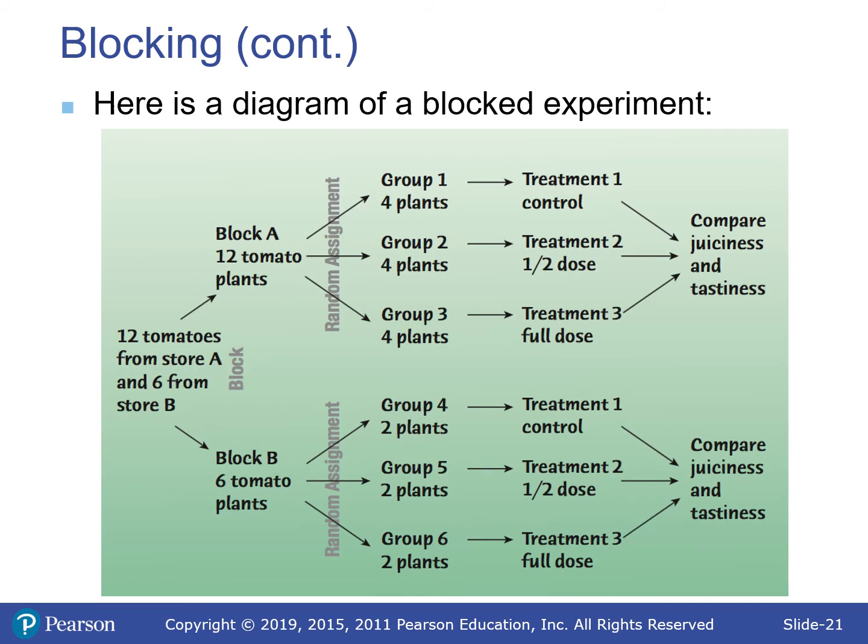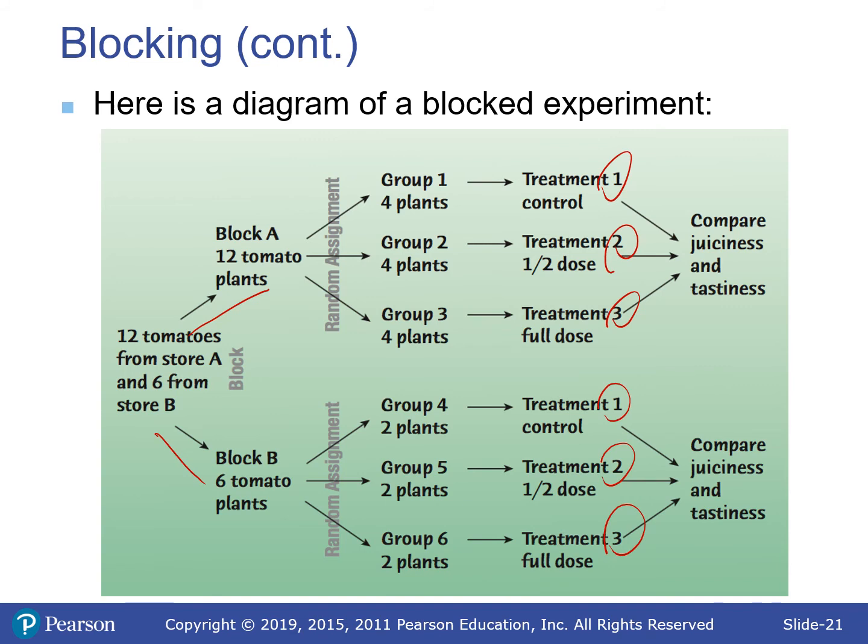And so this is what a randomized block design looks like as opposed to the other design that we saw. Now here we have 3 treatments instead of just the 2 treatments that we saw in that very simple one. But notice we have the 12 tomatoes from store A going here. The 12 or 6 tomatoes from store B are going there. And then each of them gets randomly assigned to a treatment. Notice we still only have 3 treatments here.